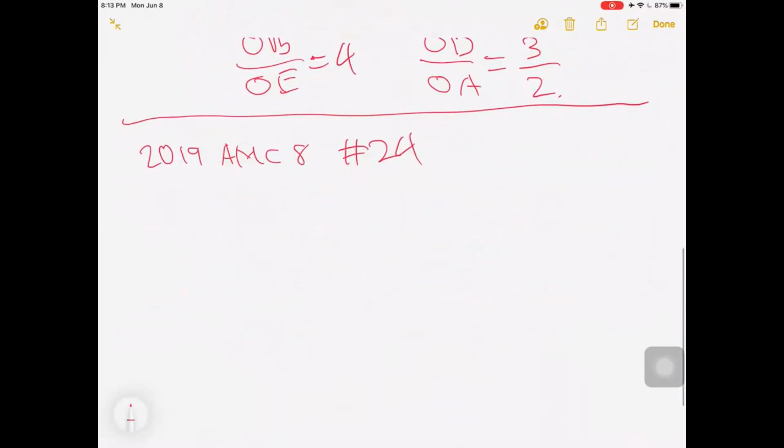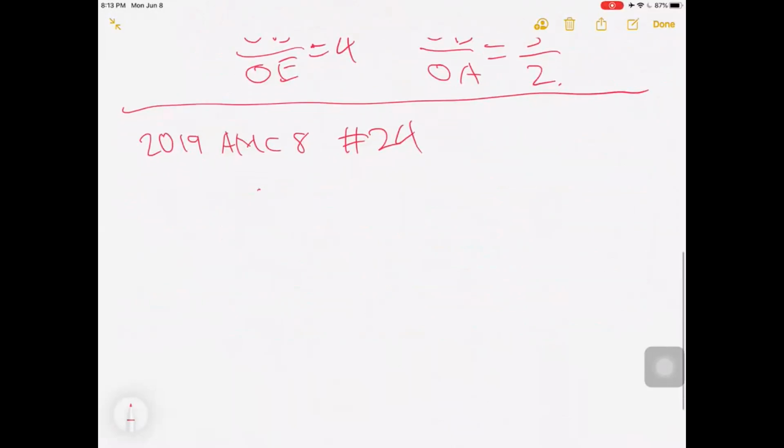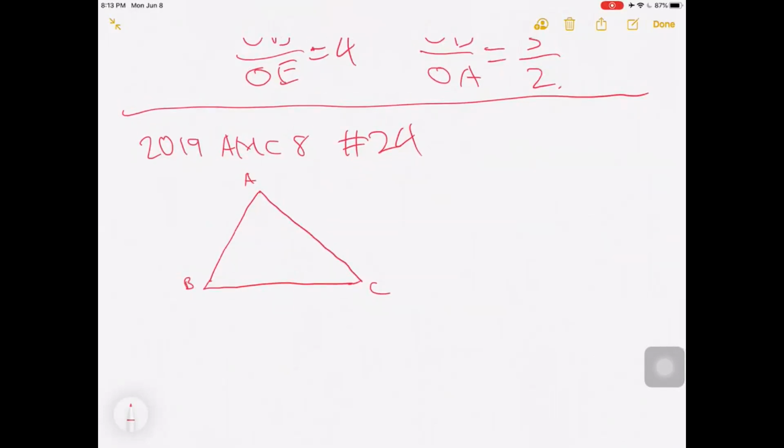So what it basically says is, in a triangle ABC, it tells you that point D divides AC. D is on AC, such that the ratio of AD to DC is equal to 1 to 2.